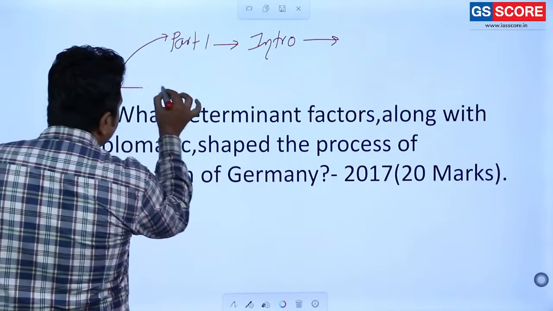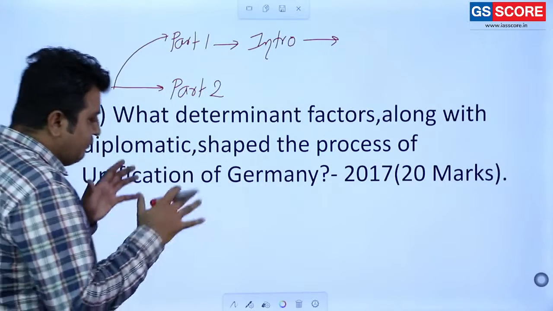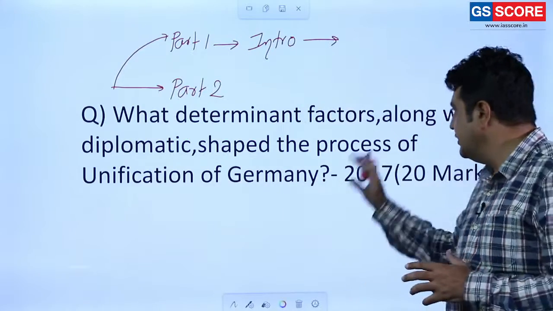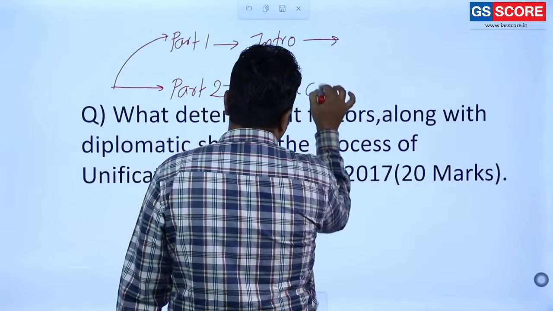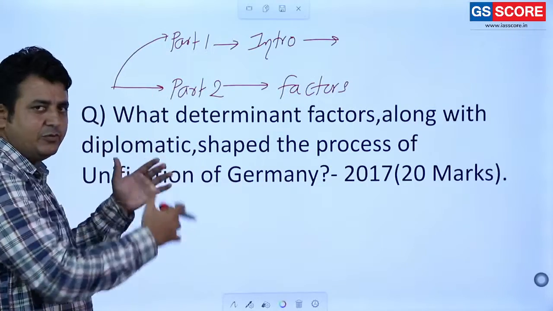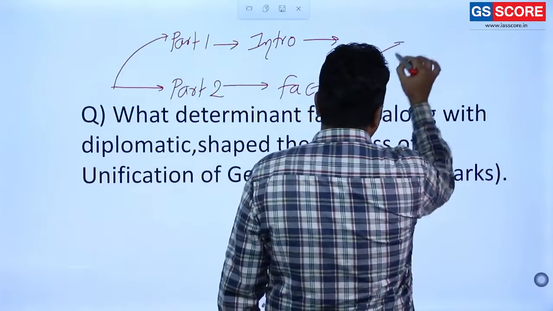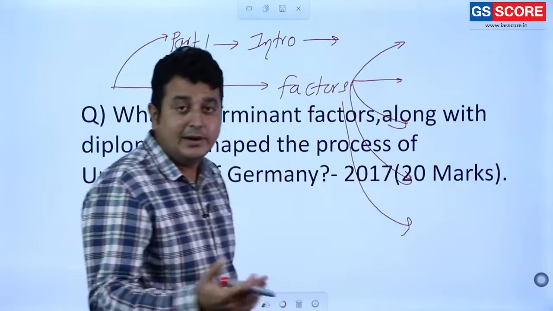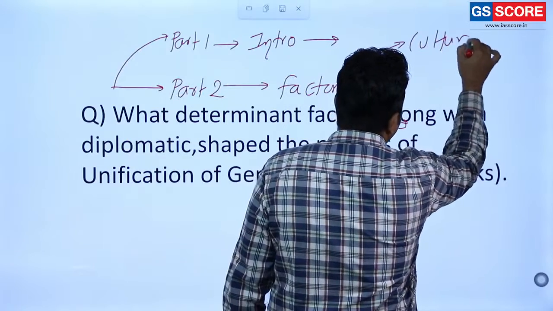Now you are going to focus on part 2. This is the main body of your answer. Here you are going to write the factors. So you are going to divide this factor part into sub parts, which we already mentioned. You can talk about the cultural movement.